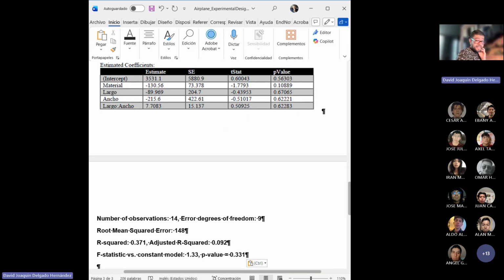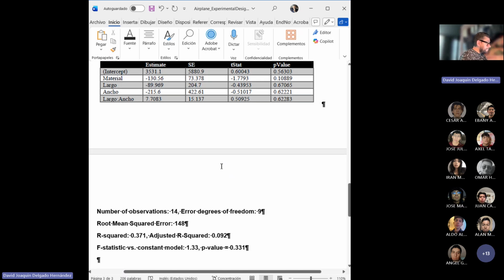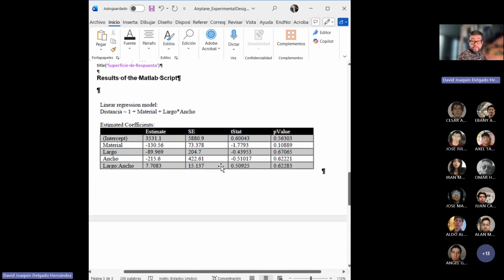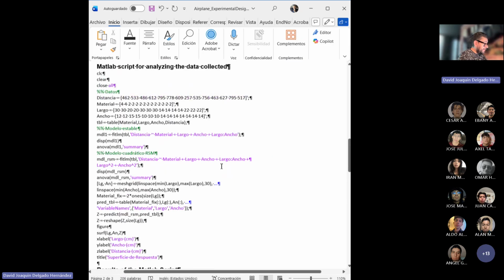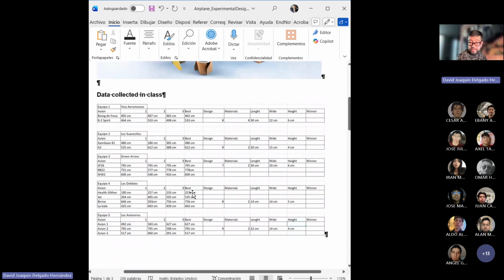Well, here you can see that I am going to try to adjust all this data. This is the original data that we collected in the classroom. All these distances. Also, for each of the airplanes, we have the material.